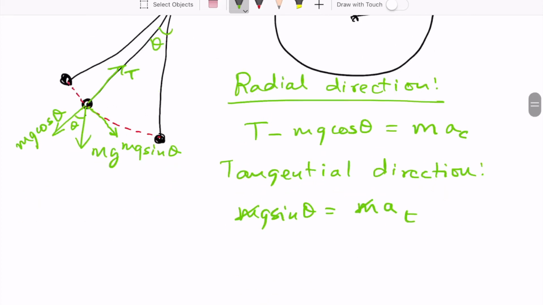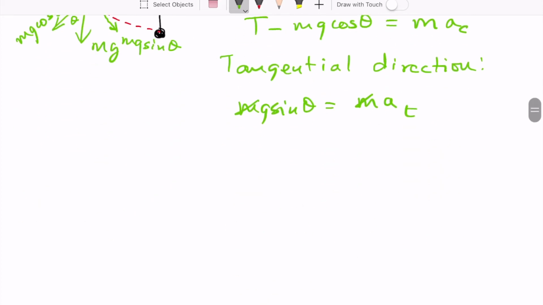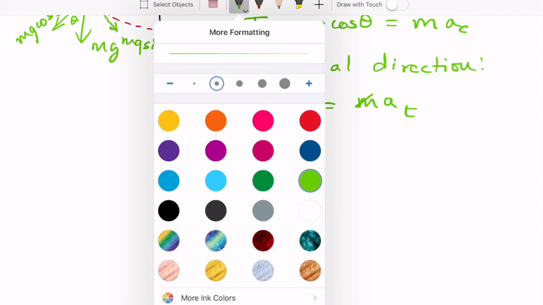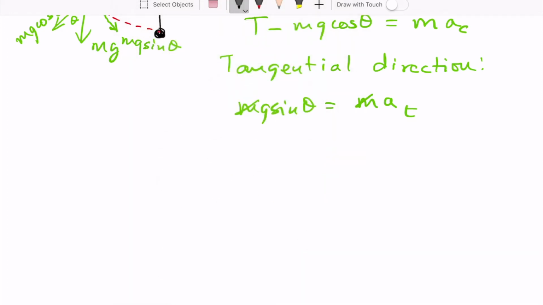Okay, so remember that an object can have a tangential acceleration if it's speeding up or slowing down. But remember that for the object to be on a circular path, it has to have a centripetal acceleration. So the centripetal acceleration is absolutely essential.